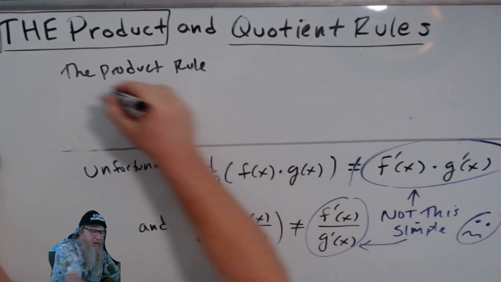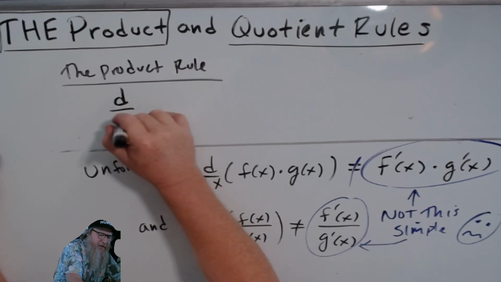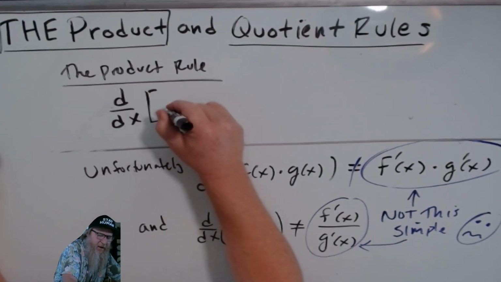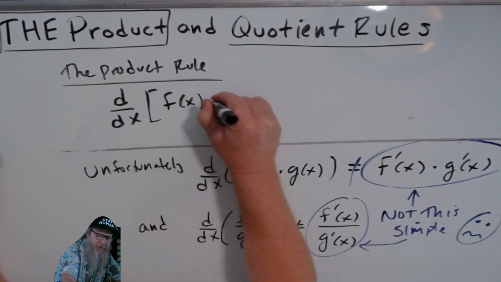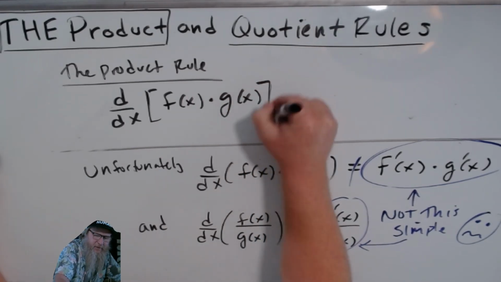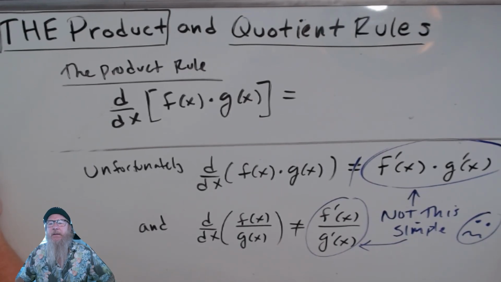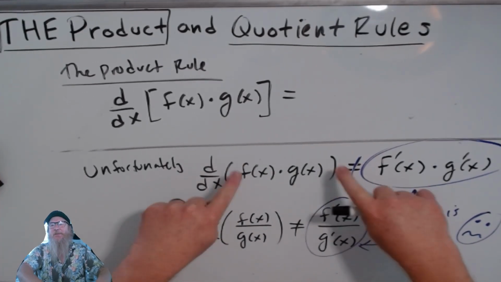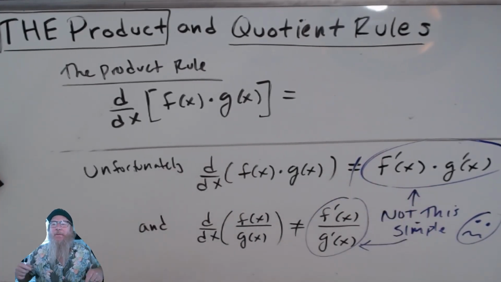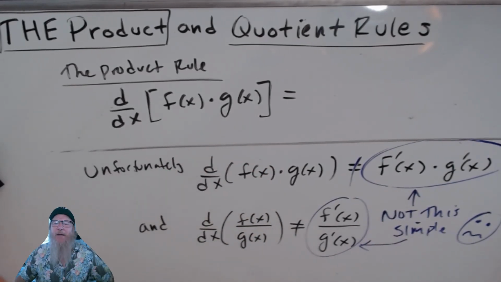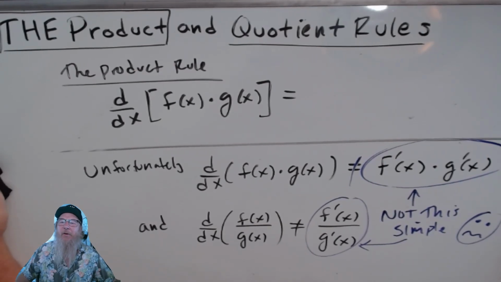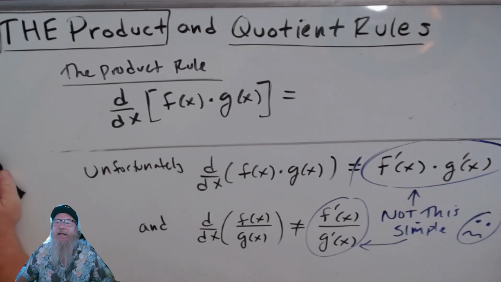All right. So if we want to take the derivative of the product of two functions, sometimes I use round or curved parentheses, and sometimes I use square brackets. Sometimes I don't use them at all, but I'm going to be very formal here. I'm going to write it exactly the way it's written in the text.